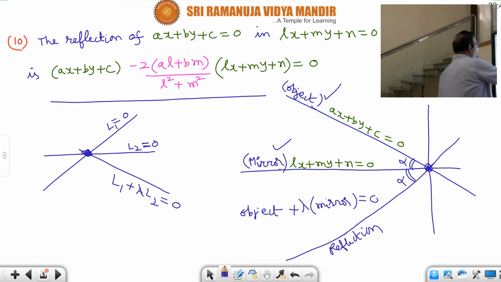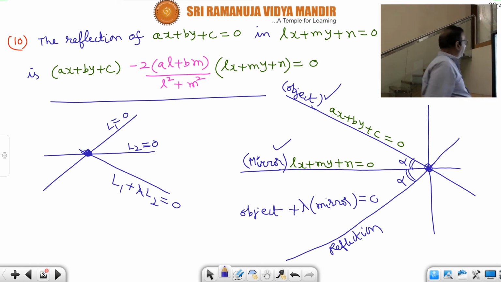So you see the formula here. Ax plus by plus c is equal to 0 is nothing but the object line, plus what is the value of lambda? Please somebody read it. Minus 2 into al plus bm by l square plus m square. That is the value of lambda here for the reflection line. And what is Lx plus My plus n equal to 0? Mirror line. So the 10th formula, I am reading it again.